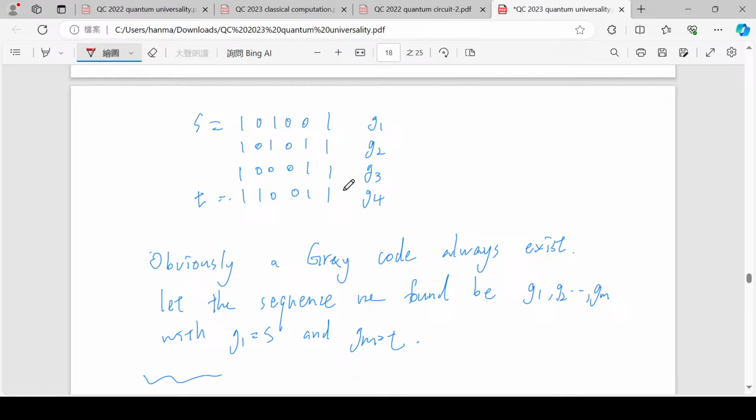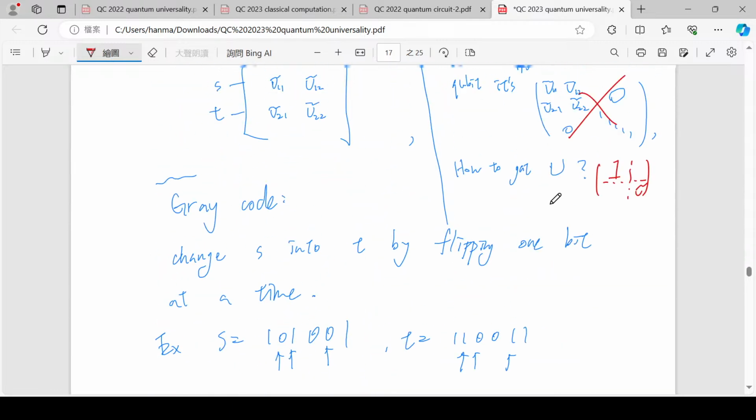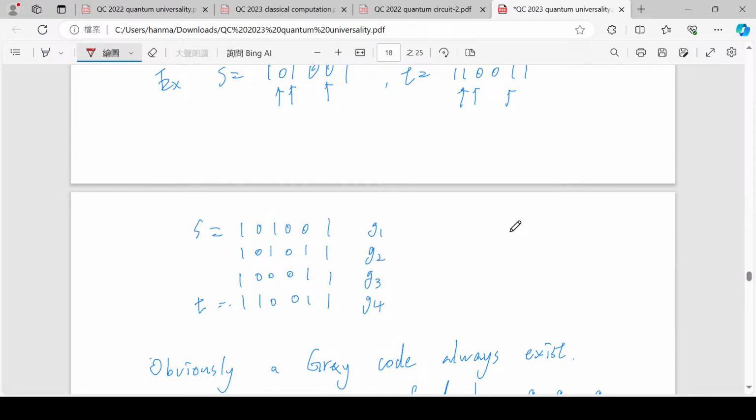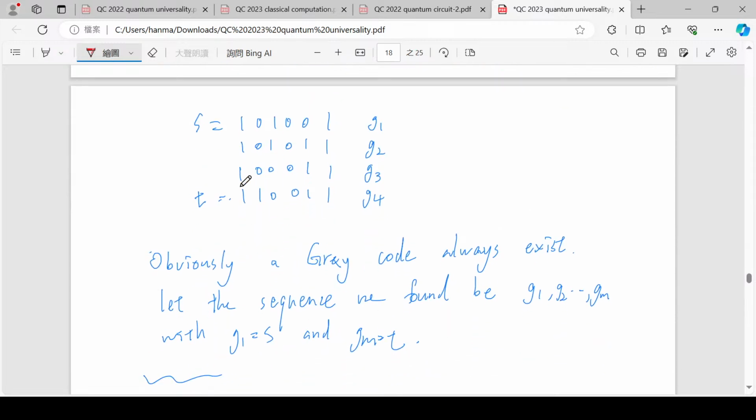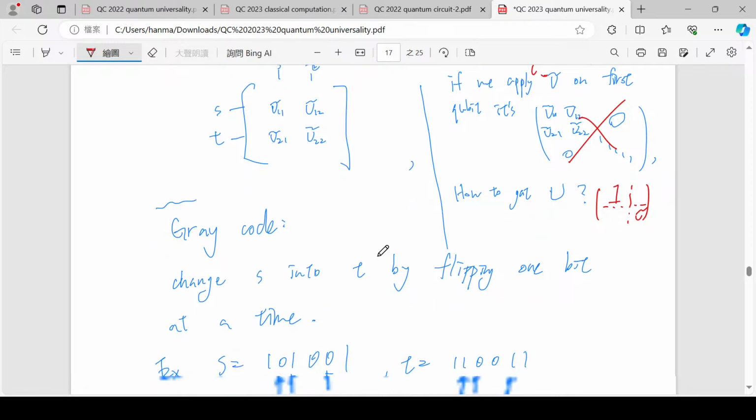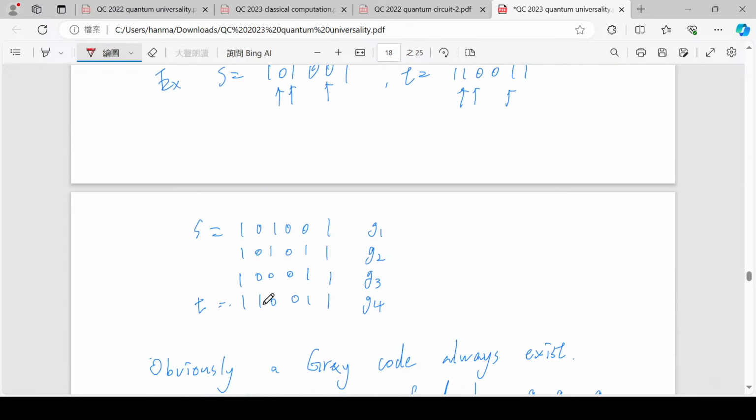And so S and T are just different on 1 bit. So if you control on all other bits as those values and do a multi-control unitary, then it will be something like this. So what I want to say is when S and T are just different on 1 bit, then you can do a multi-control unitary. You can control on all other bits and do a unitary between S and T on this bit.